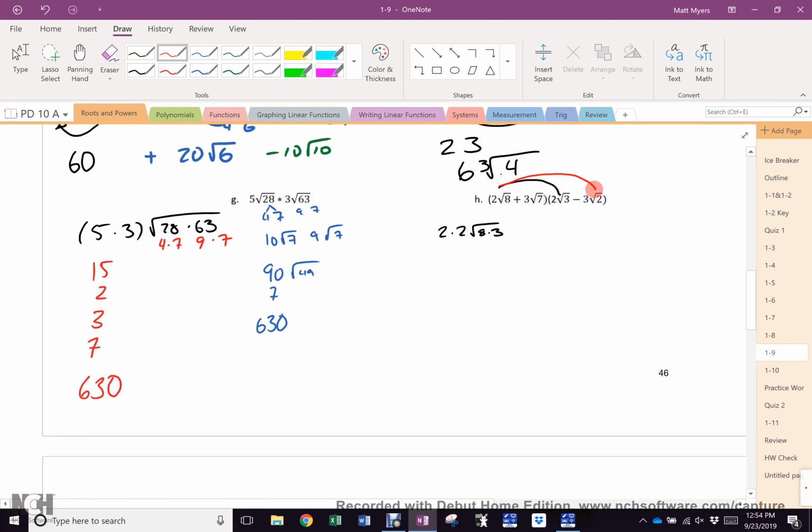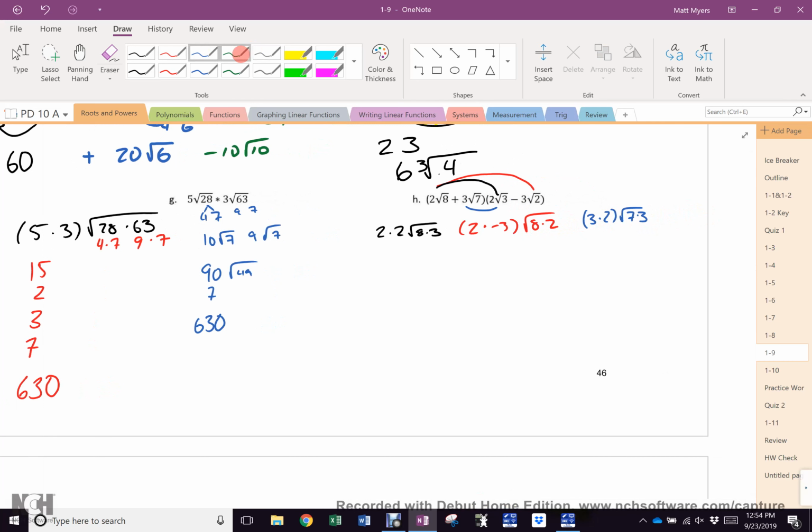Then you did this to get 2 times negative 3 root 8 times 2. Then you did this to get 3 times 2 root 7 times 3. And then, of course, you did this to get 3 times negative 3. I forgot the negative. 3 times negative 3 root 7 times 2.